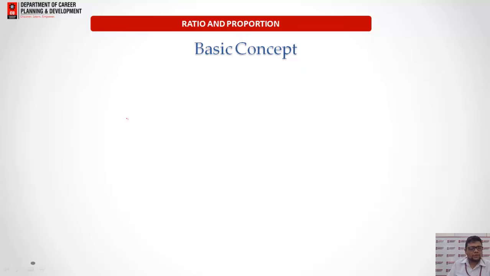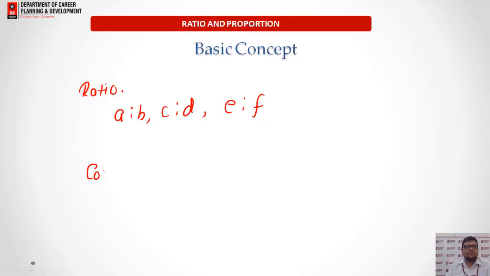Now we have one more ratio. If three ratios are given to us, A is to B, secondly C is to D, thirdly E is to F, and we are asked to find what will be the compounded ratio.